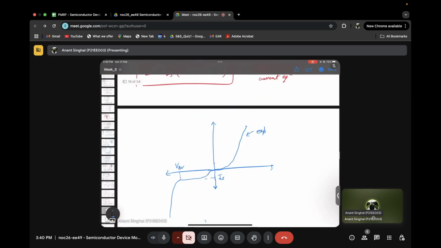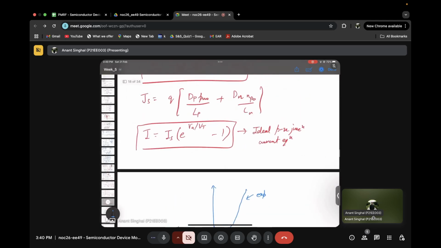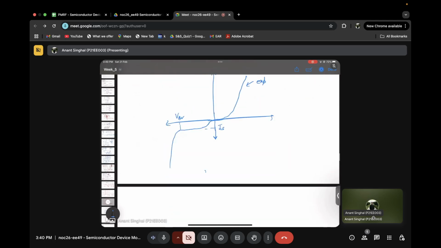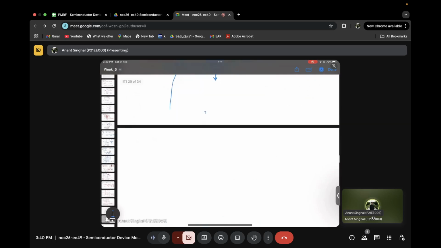So is there any doubt till now in the equation? Okay, so let's quickly see one more term and then we'll quickly go towards the problems. One more thing that is very important is to see the temperature effect. So what will happen if we, let's say, increase the temperature or decrease the temperature?